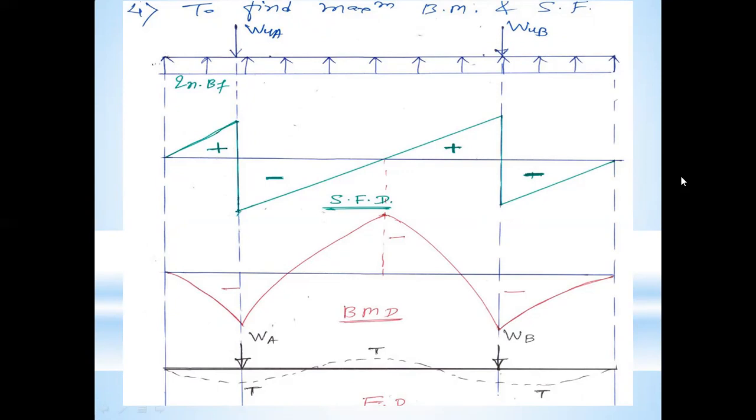So draw this figure, draw this diagram of shear force and bending moment, diagram of the combined footing.